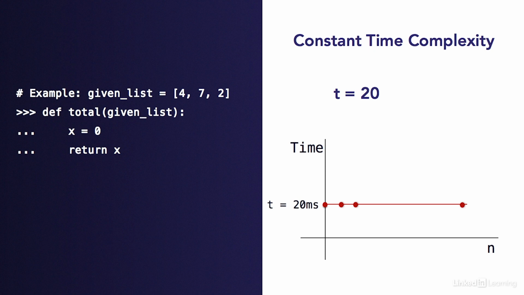How can we express the fact that this function has constant time complexity with big O? We first need to find the fastest growing term in t, which is 20, because it's the only term. And then we need to ignore the coefficient from this term. But 20 is the coefficient itself here. One way to think about this is we can rewrite 20 as 20 times 1, so this is big O of 1.